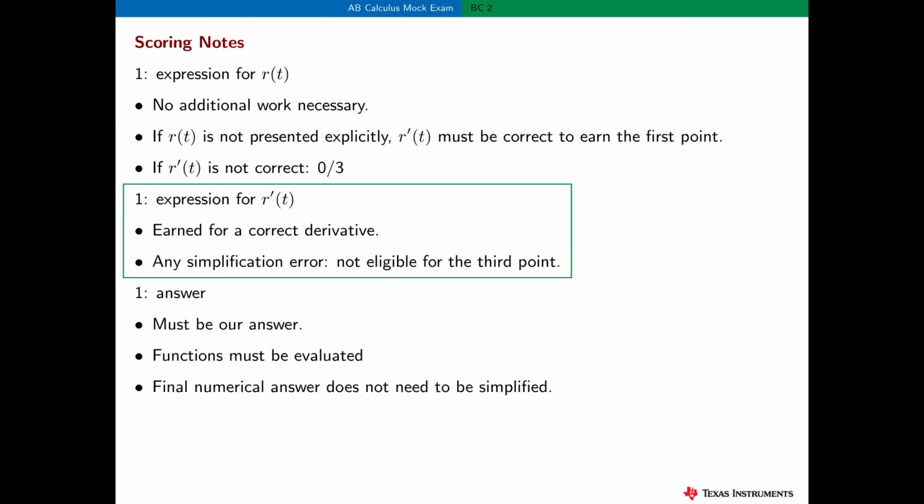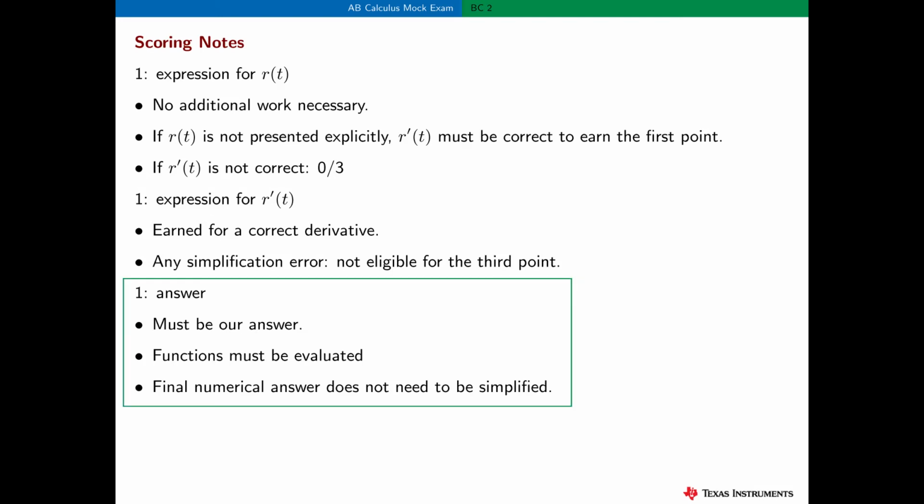The second point is earned simply for a correct derivative. And again, if the student earns this point, they cannot lose it later on. If there is a simplification error, then the student is not eligible for the third point. And finally, the answer must be our answer.